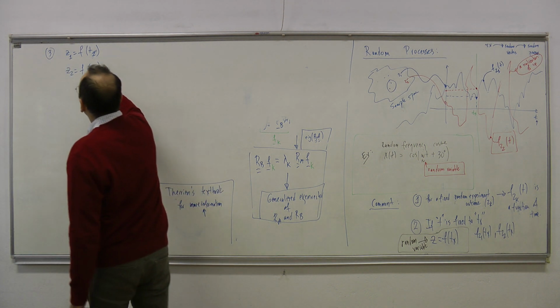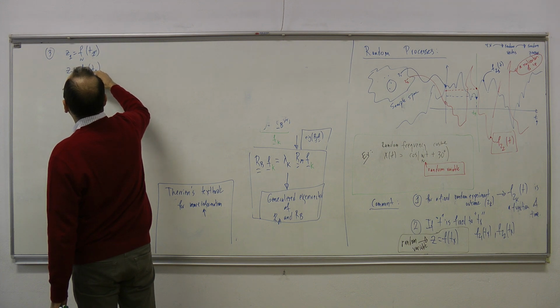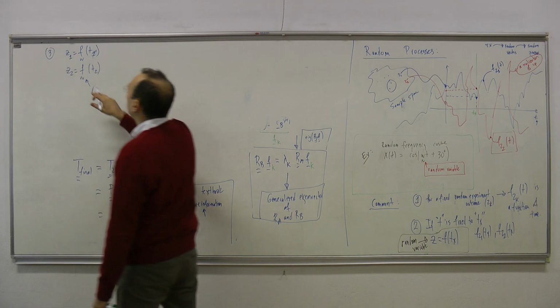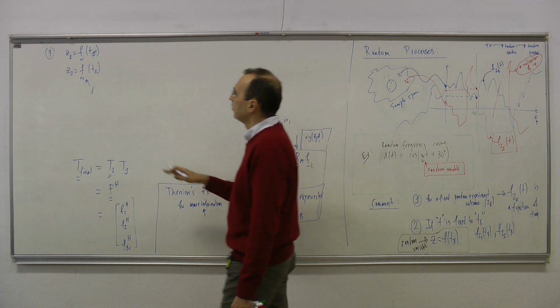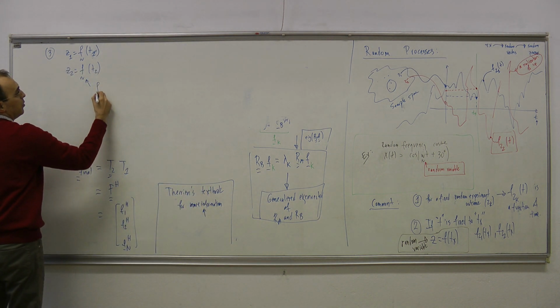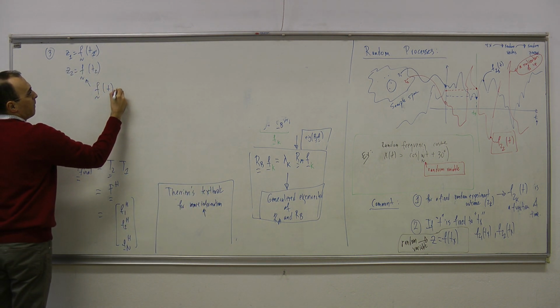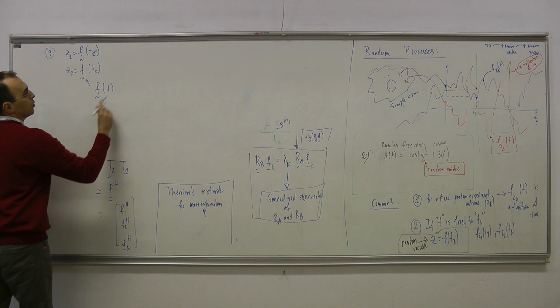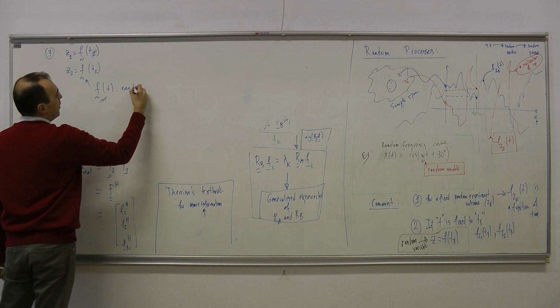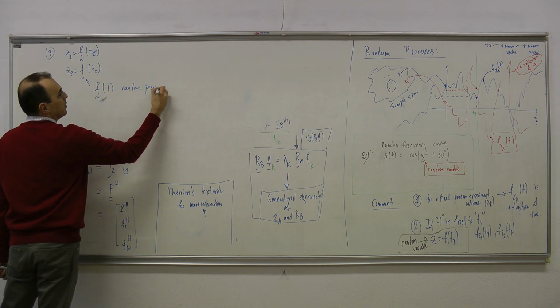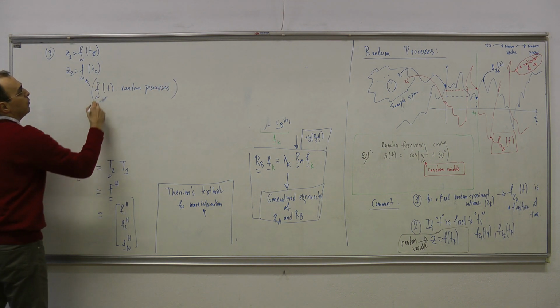And f is like a random process. So the tilde, this is our earlier notation. This denotes a random process. Sometimes I may use this, it's useful, but this is an older notation from Papoulis.